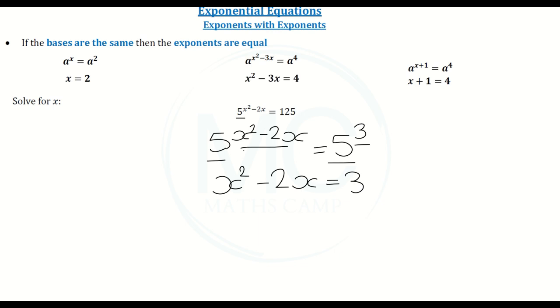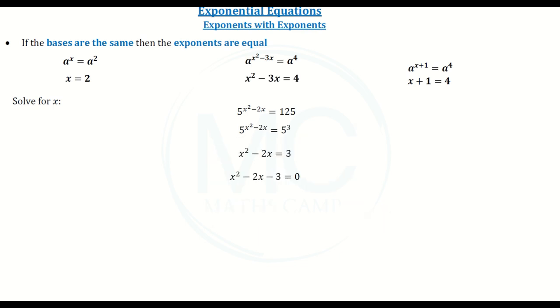And now we have a quadratic. Let's make the equation equal to 0 by moving this 3 across. So we're going to have x squared minus 2x minus 3 is equal to 0. And now we can factorize. Let's put in 2 brackets. We have an x squared, so we have x and x.